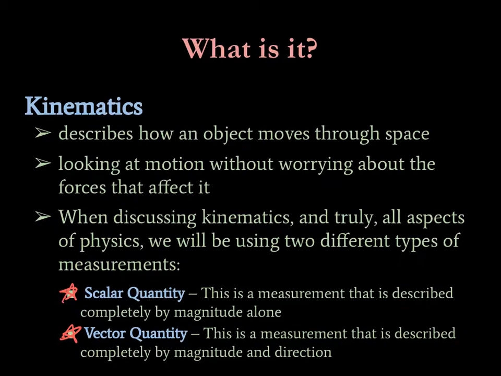So 50 grams, 30 volts, something like that. Whereas vector quantities are measurements that require a direction in order to fully describe them. So particularly with movement, we add a direction into that movement, so 50 meters east or in a positive direction, something of that nature.